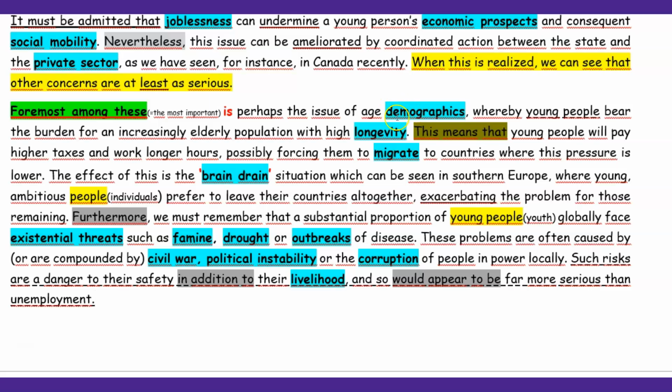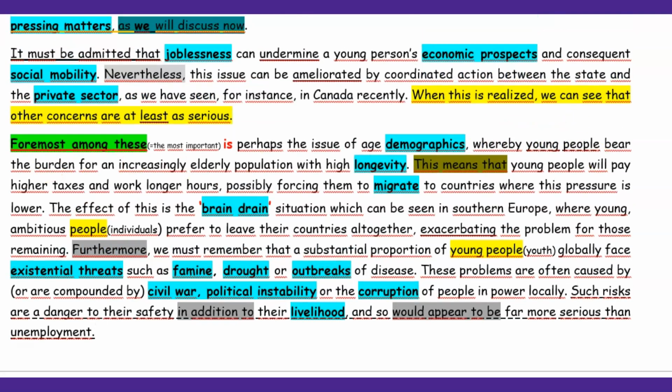Changes related to age, income, etc., whereby young people bear the burden for an increasingly elderly population with high longevity, with a long life expectancy.